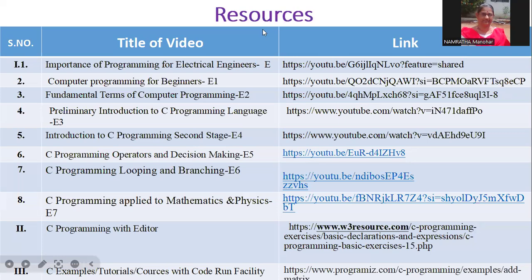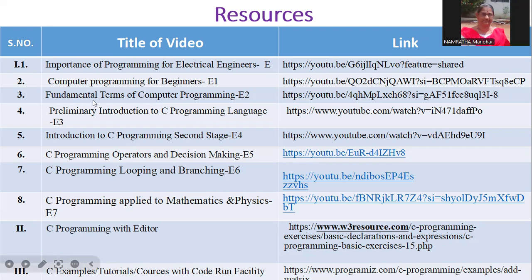Before we go into this, these are a few resources that would be helpful for you. Some are the primary resources. 8 resources are what I have already given to you all: importance of programming for electrical engineers, computer programming for beginners, fundamental terms of computer programming, preliminary introduction to C programming language, introduction to programming stage, second stage, then operators and decisions, looping and branching, then apply to mathematics and physics, wherein I have taken some problems in mathematics and physics and seen how they can be programmed.